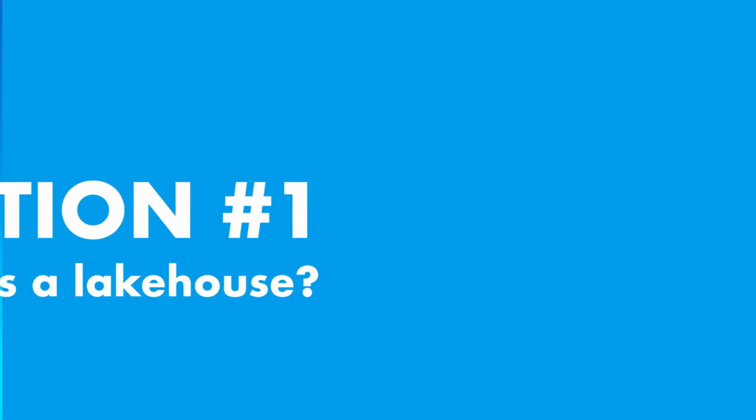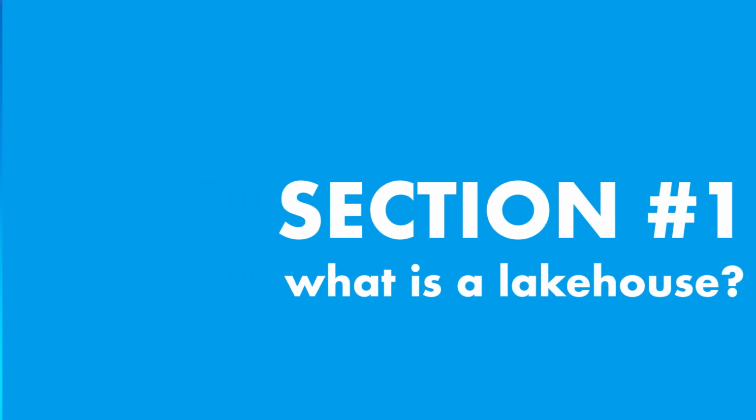Awesome, Alex. So, first of all, in section number one, what is a lakehouse? First off, let's talk about what a lakehouse actually is. A lakehouse is just a hybrid architecture that combines the scalability and flexibility of data lakes with the reliability and performance of a data warehouse.